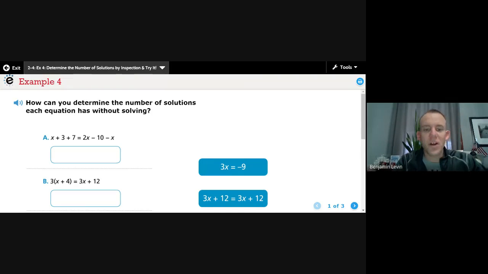All right, so we've got this equation here, and it wants us to solve to see how many solutions we have. So what are some terms that are like terms that you guys see that we need to combine here? Can anybody identify, like, there's two sides of this equation. I'm going to draw a line right down the middle of the equation here.